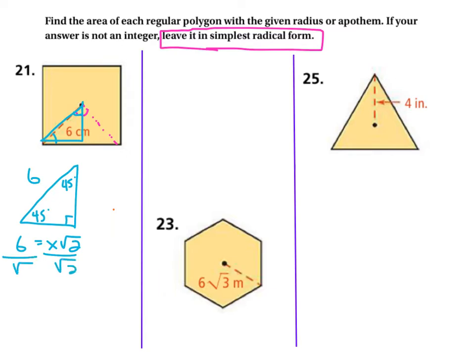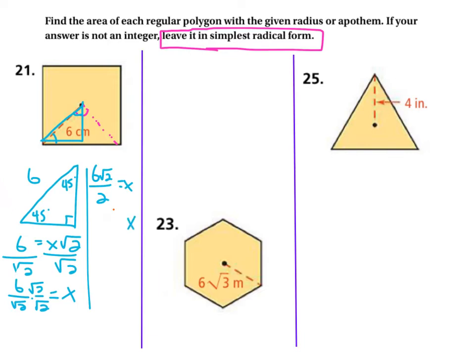We divide both sides by root 2, and we get x is equal to 6 over root 2, which we will then multiply top and bottom by root 2. And you will get 6 root 2 over 2 equals x.